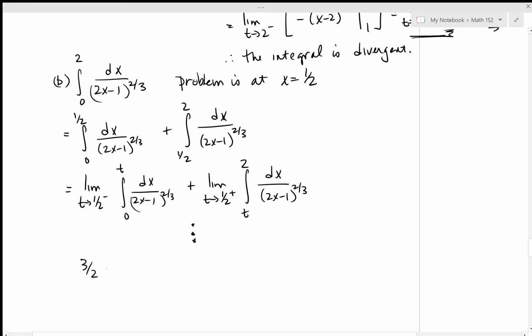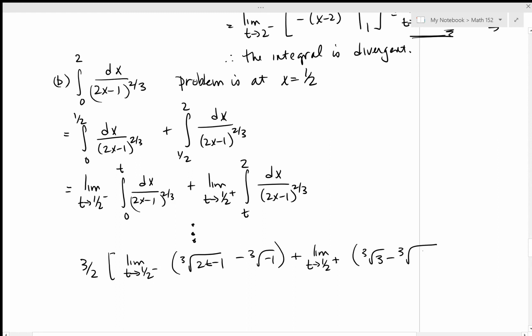That is going to be 3/2 times the limit as t goes to 1/2 from the minus side of the cube root of 2t minus 1 minus the cube root of minus 1, plus the limit as t goes to 1/2 from the right of the cube root of 3 minus the cube root of 2t minus 1.